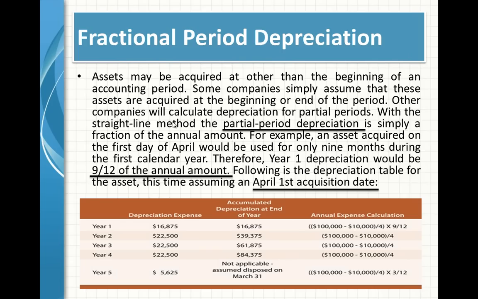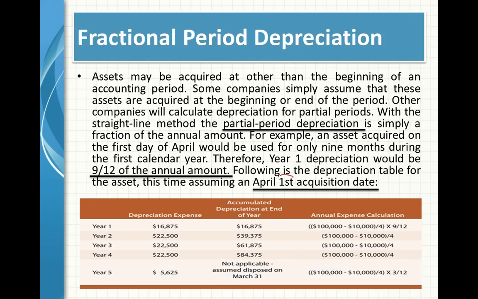Fractional period depreciation means it is not a rule that you have to buy an asset and charge depreciation only from January 1st. When an asset is purchased during the year, you need to consider when it was purchased.